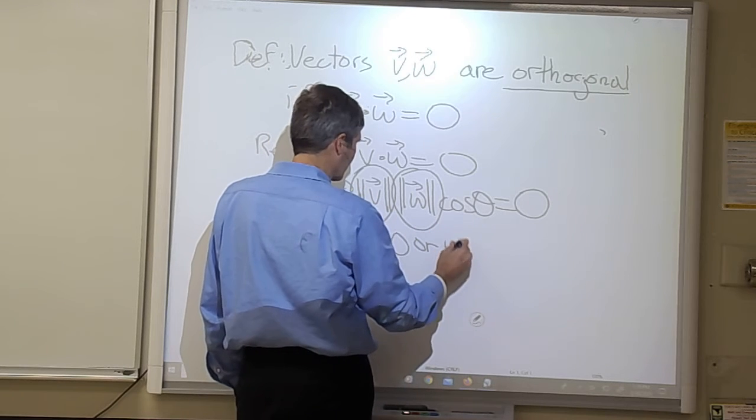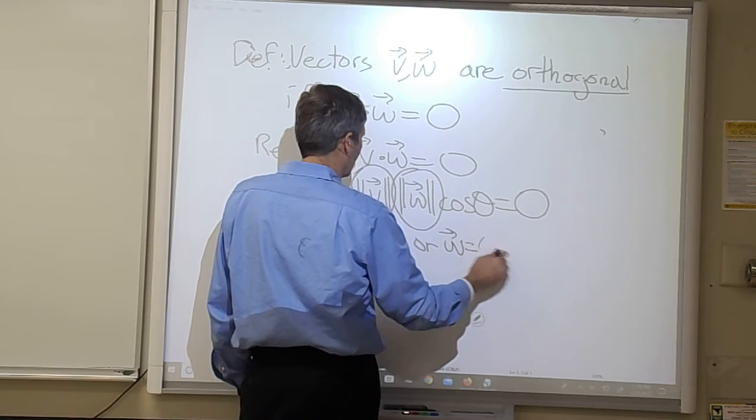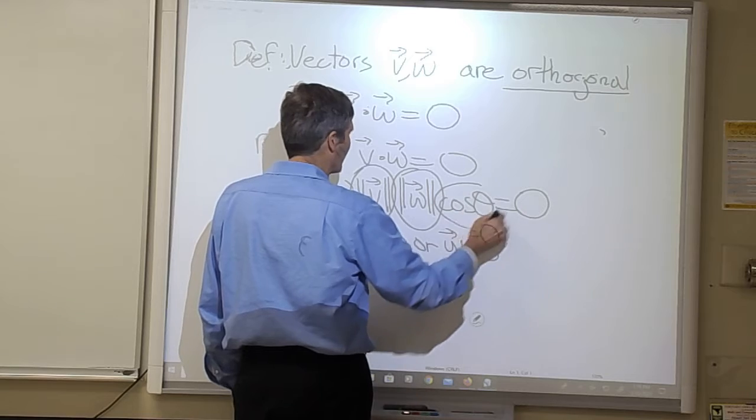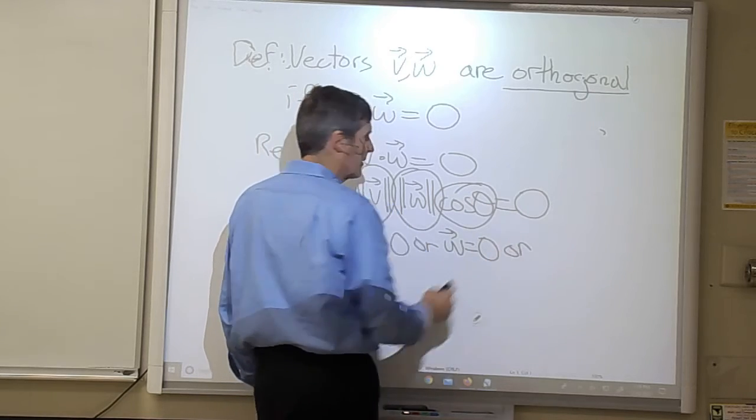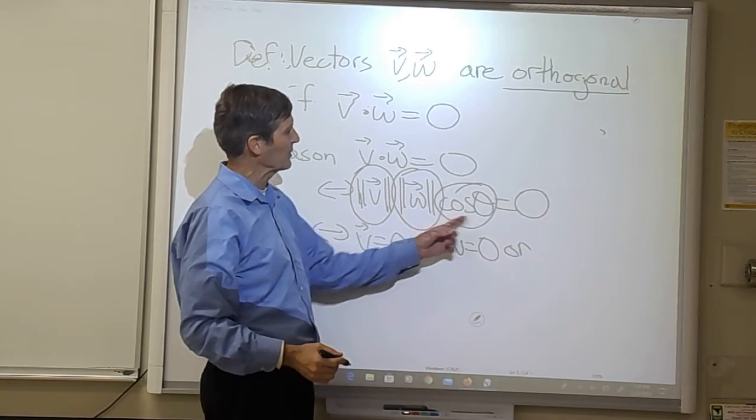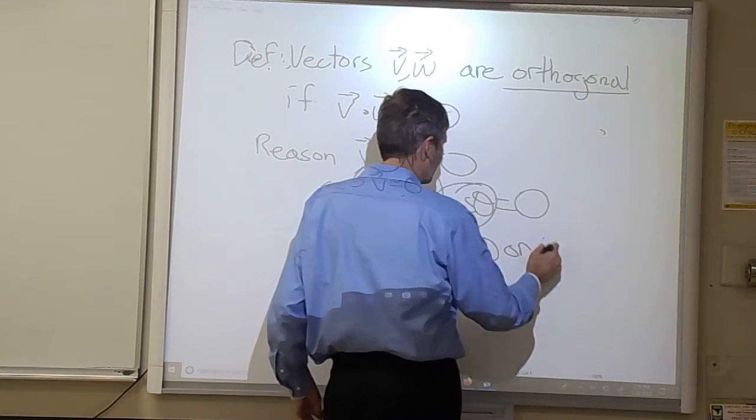If the length of W is 0, that's equivalent to saying the vector is 0, or the cosine of theta is equal to 0. But how can the cosine of an angle between 0 and 180 degrees be 0? Only if it's 90 degrees, right?